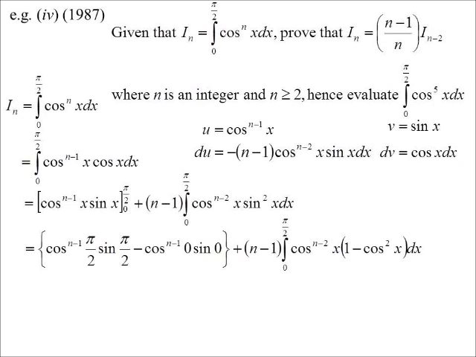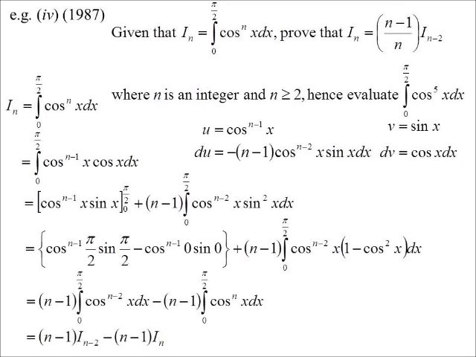Now let's have a look at our integral. We have (n minus 1) times cos^(n-2) x, but it's times sine squared. Well, I want to end up with the power of n minus 2, so I'm going to change my sine squared into 1 minus cos squared, and then split that integral up into two things.